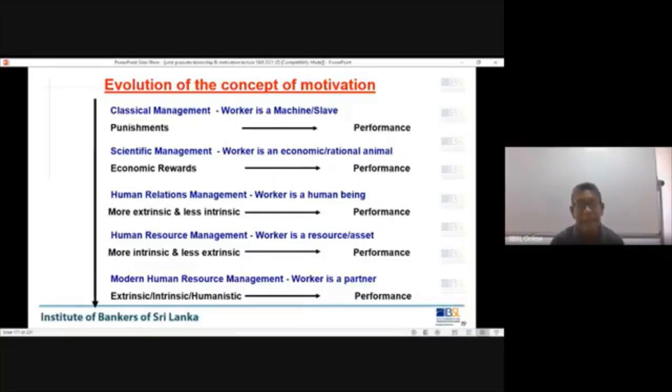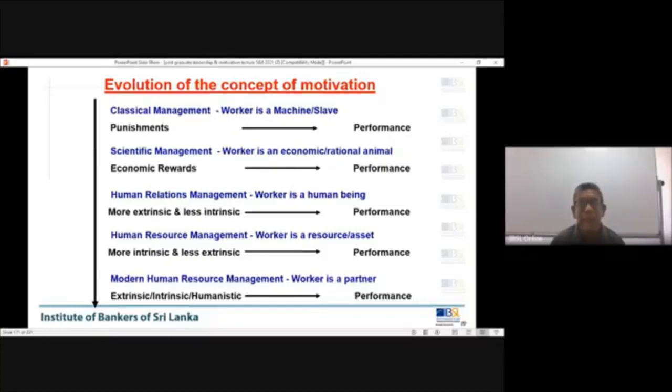What did we say? We discussed the worker as a machine, a slave. If you use punishment relating to the worker's performance, that is what the classical management theories talk about.